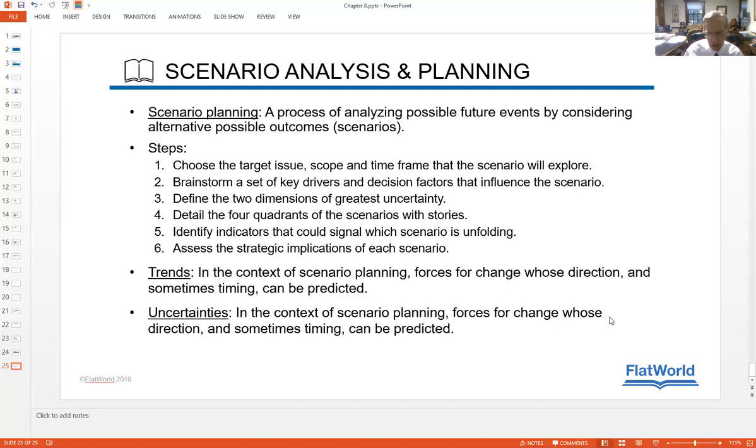And based on that, develop contingency plans, scenarios, plans for responding to each scenario. The chapter concludes by pointing out that what you're looking for here is to assess factors that are uncertain.